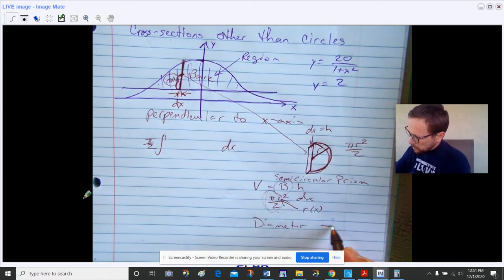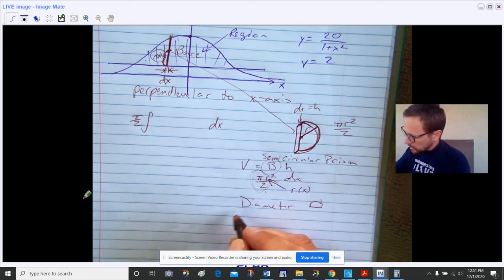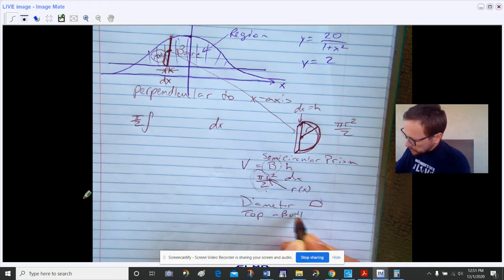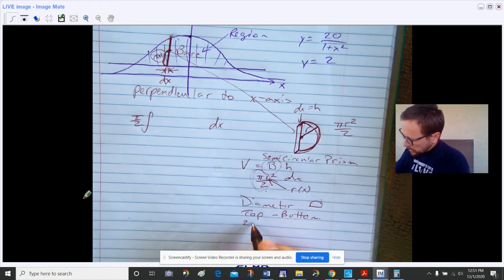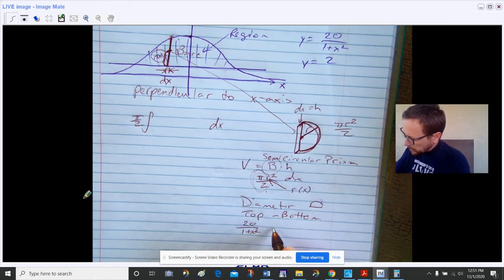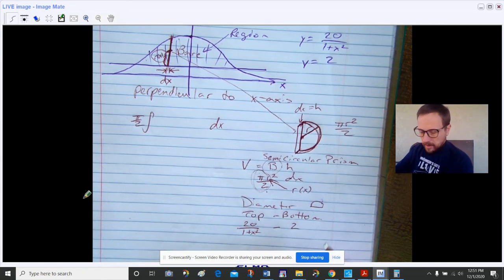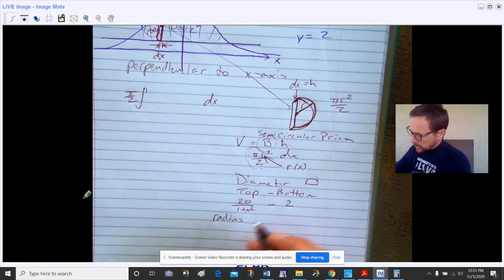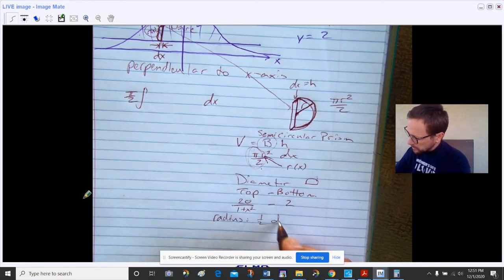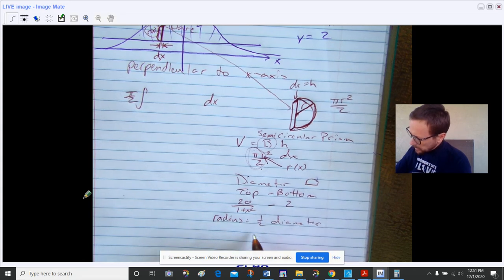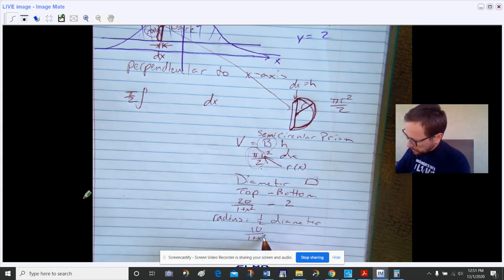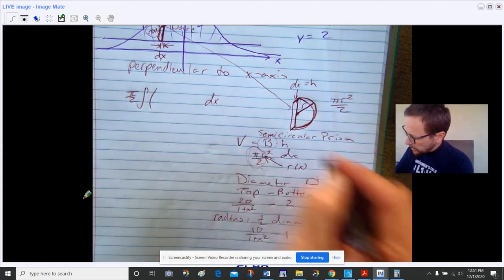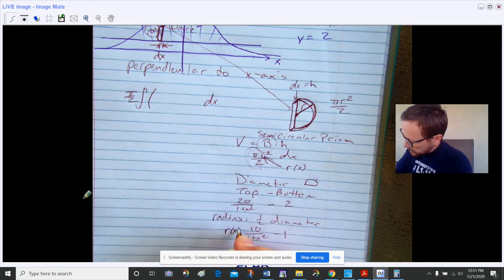The diameter of our semicircle is going to be our top minus the bottom, which in our case is 20 over 1 plus x squared minus 2. But we want the radius. Remember, the radius is half the diameter. So that's going to be 10 over 1 plus x squared minus 1. We just cut that in half. And so this now is the radius.